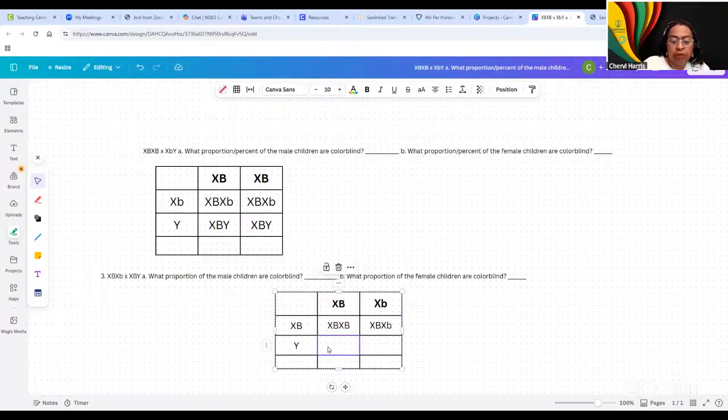All right, so down here, and notice when we do male and female, it's always 50% male, 50% female, but what's going to be on those genes is going to be different.